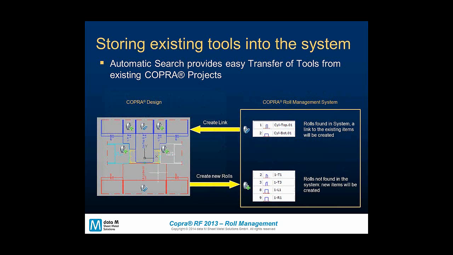So we can then see which rolls can be used in which project. And alternatively, another link in the opposite direction, so we feed into the RF design, we can also feed out of the design. So rolls not found in the RLM database, for example, we can transfer, and then new items will be created in there.